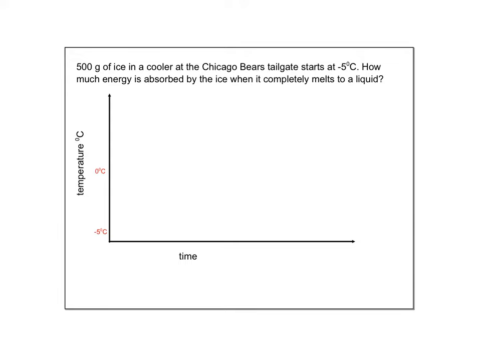So I put the starting temp of -5, and then I put 0 because I know that at 0 degrees Celsius, solid ice will melt. It doesn't say anything else about heating up the liquid. They just want it completely melted. So I think we'll be good with those 2 temps on my axes.